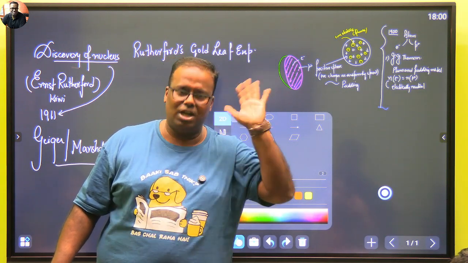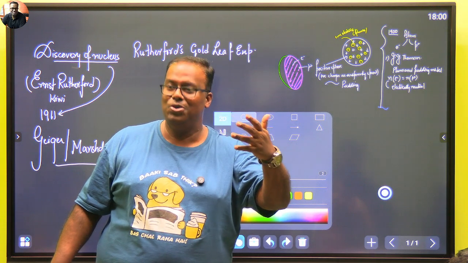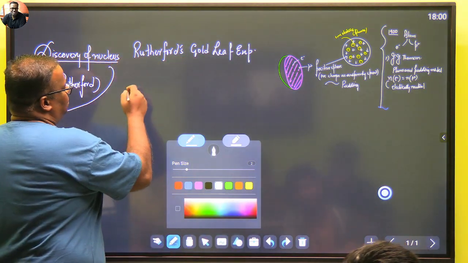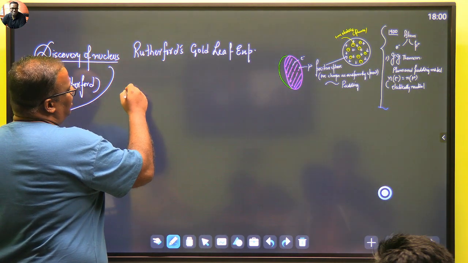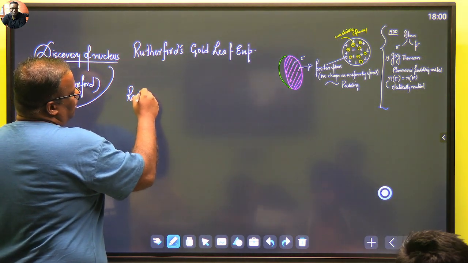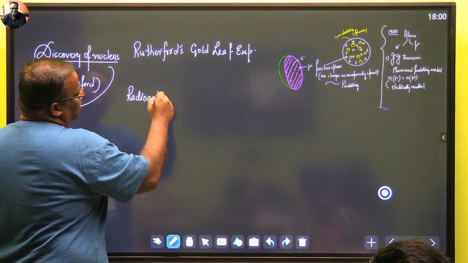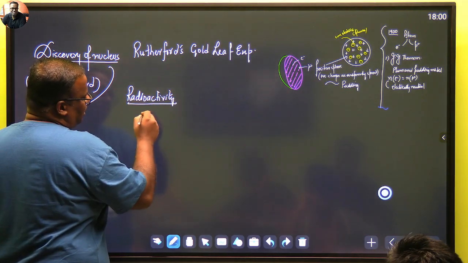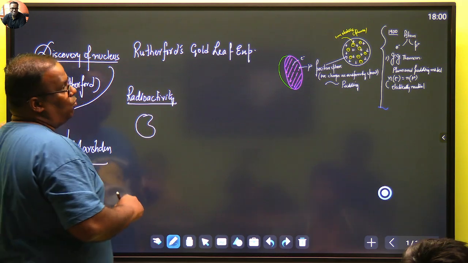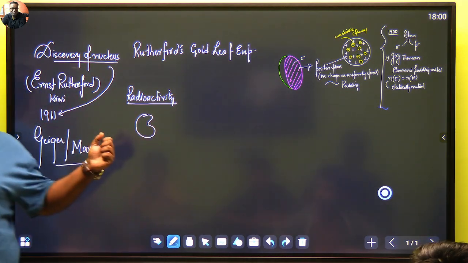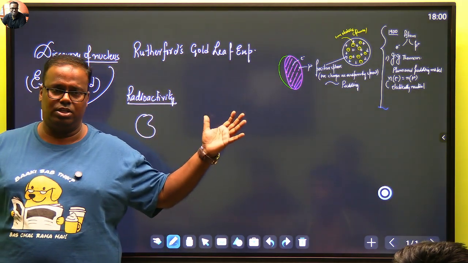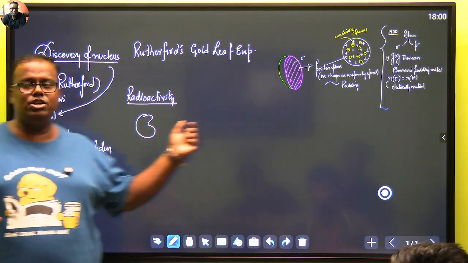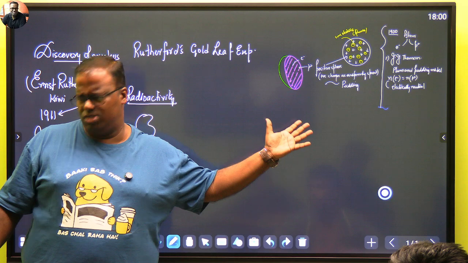Before we start this experiment, we should know what an alpha particle is. When you have a radioactive substance, you don't have radioactivity in your syllabus, but let's look at it. What is radioactivity? There are certain substances which undergo spontaneous emission of invisible radiation. You don't need to do anything, it will keep emitting radiation, which is harmful.